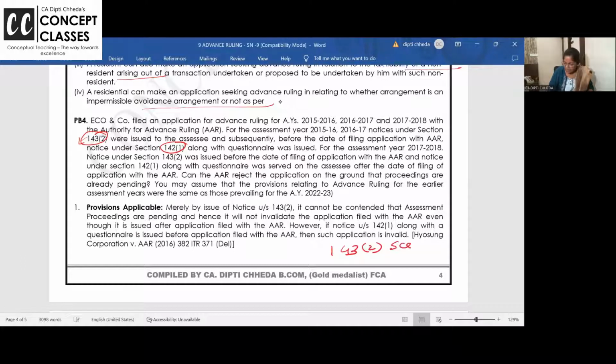143(2) is for scrutiny cases, where they send you a notice if income is undershown, expenses are overshown, or some sales are undershown, like that. And what is 142(1)? If you have not filed the return, return not filed. You remember that flow chart?